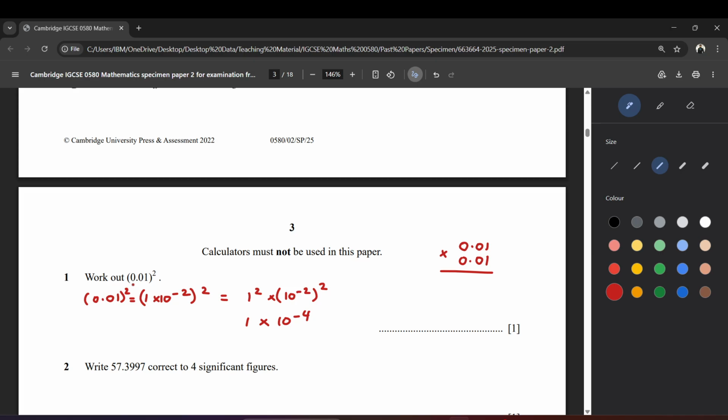What you can do is you can see that this is 0.01. If I want to write this as a fraction, this will be 1 upon 100. How did I get this? 0.01 divided by 1, this is the normal way, right?